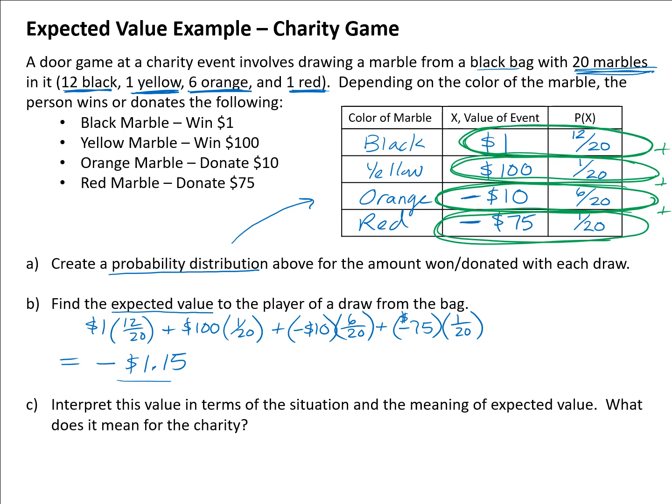Now again, let's think about what this means. Negative $1.15. Remember, this is an average amount, and we're looking at this from a player perspective. Negative means donate, if they were to play this game many, many, many, many times.